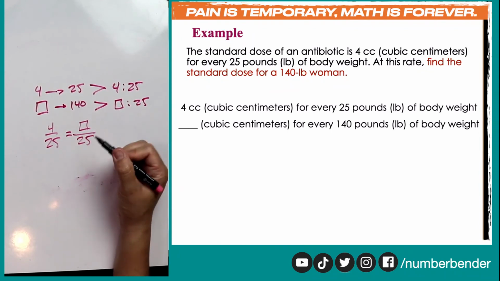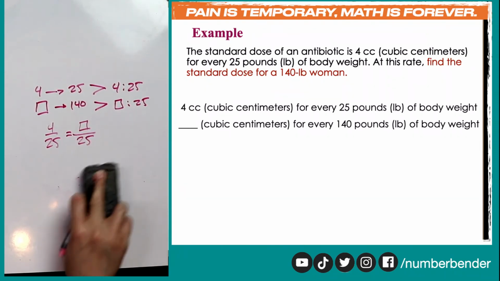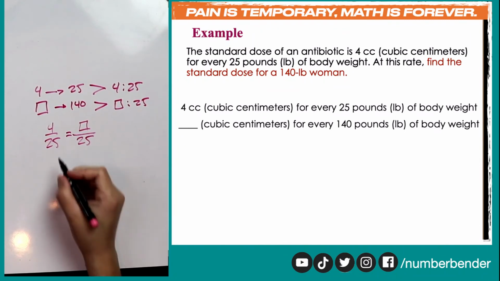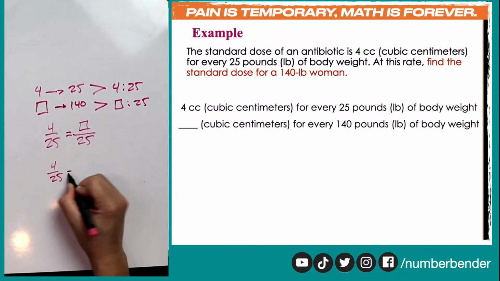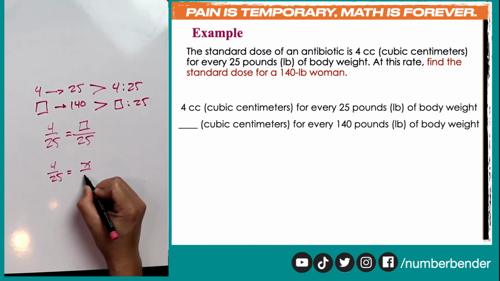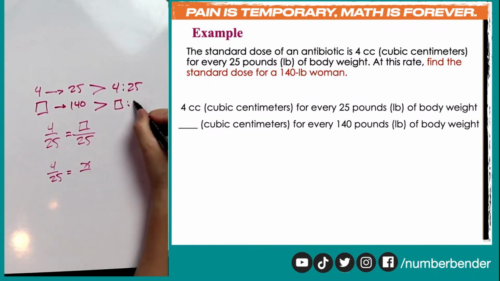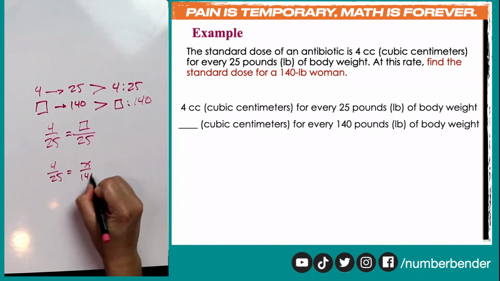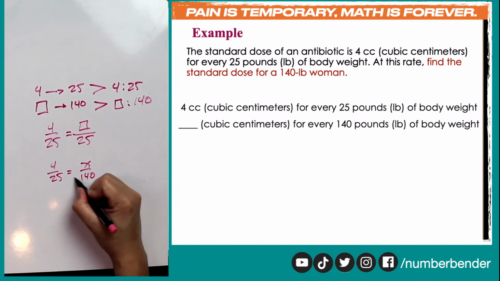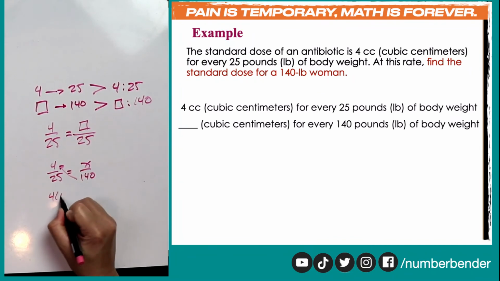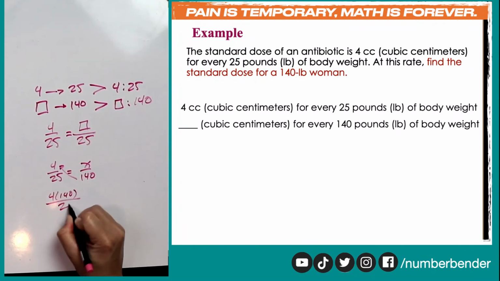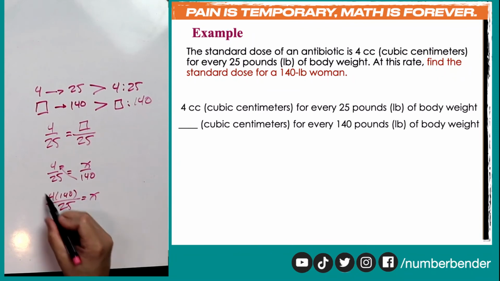And if we want to be more algebraic or mathematical in our fraction, we can replace the box with an x. So we have 4 all over 25 equal to x all over 140, not 25, 140. And by cross multiplication, we're going to multiply 4 and 140. 4 times 140 all over 25, and that will be the value of our x.